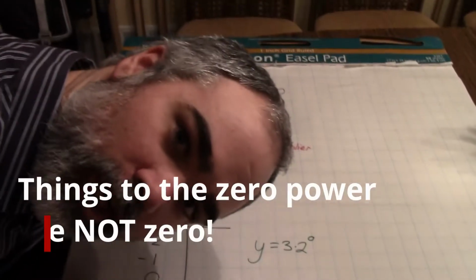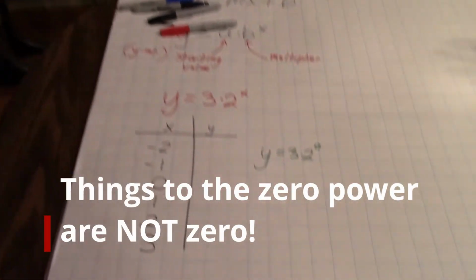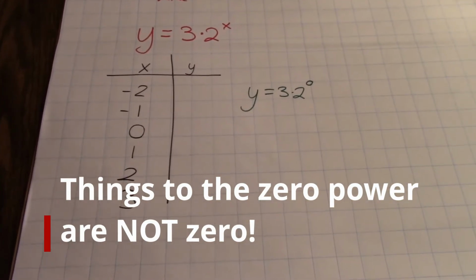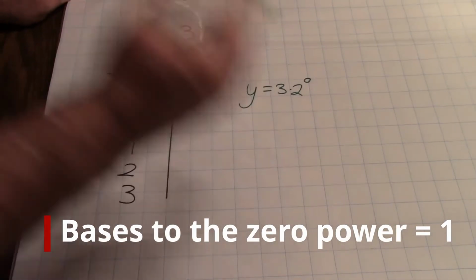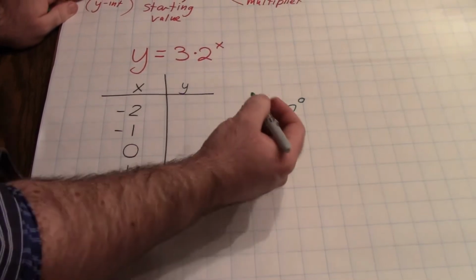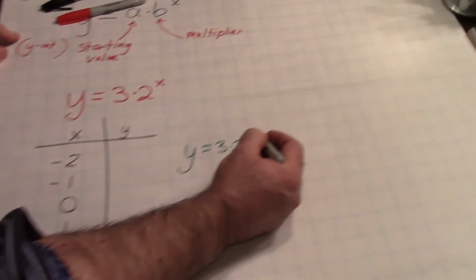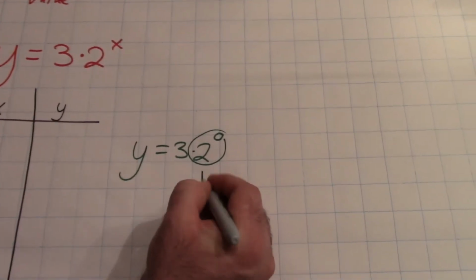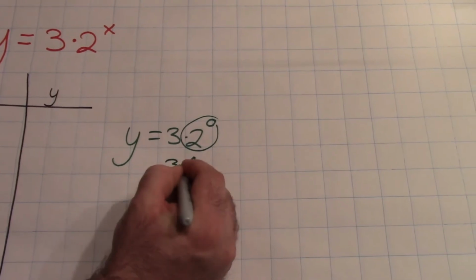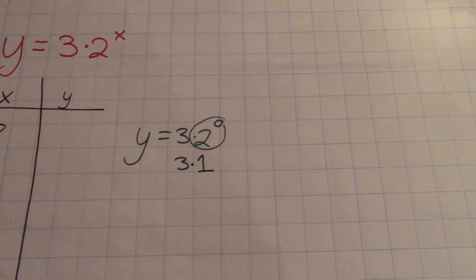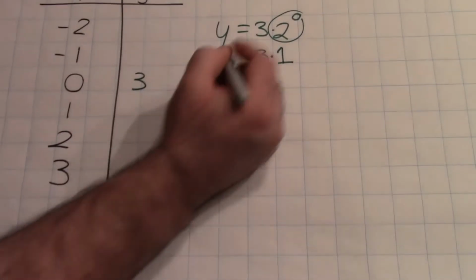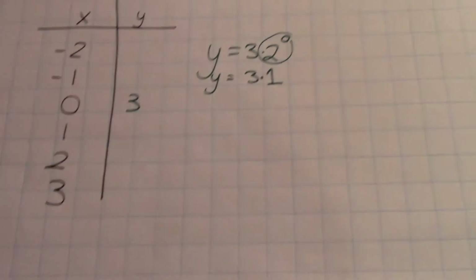It's not 0. Anything to the 0 power is 1. And remember from PEMDAS, we start with exponents before multiplication, so we do this first, which gives me a 1. So 3 times 1. I'm going to write a 3 here, because that's the y value.